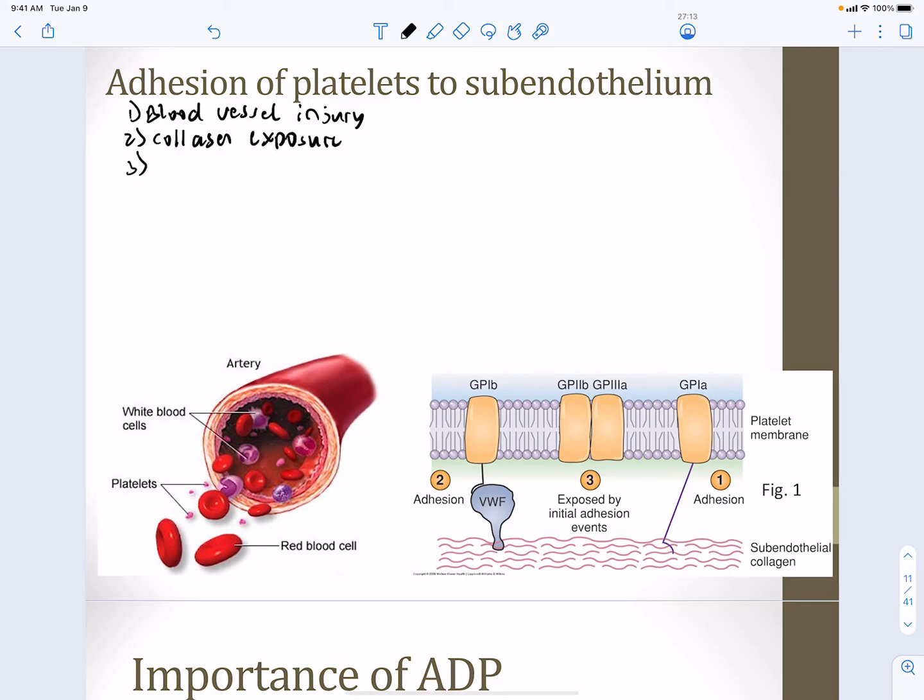And then von Willebrand factor is going to be exposed as well. The platelets are going to have glycoproteins on the surface that bind to von Willebrand factor as well as to collagen.